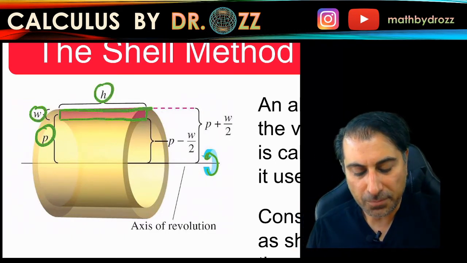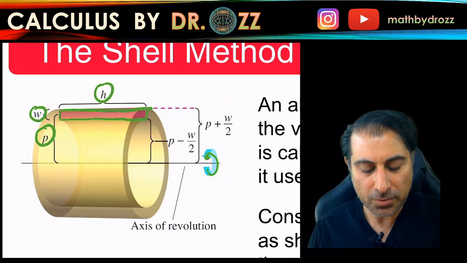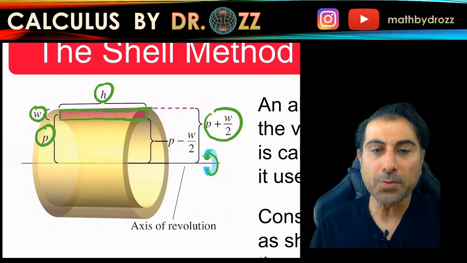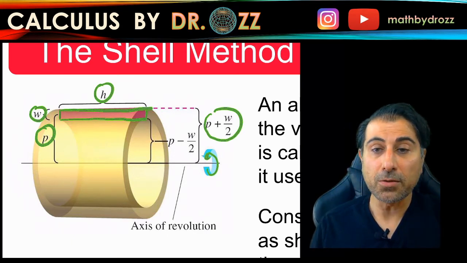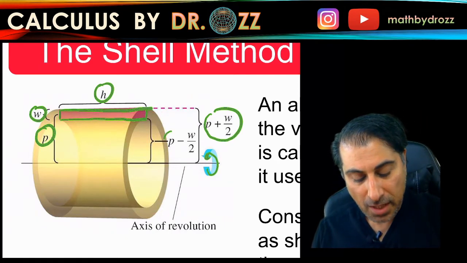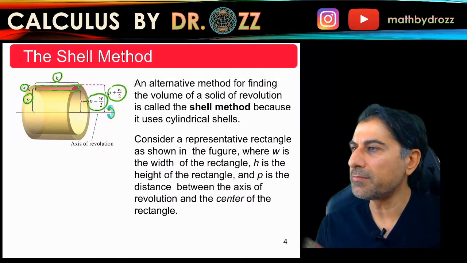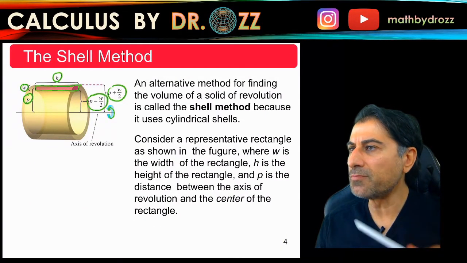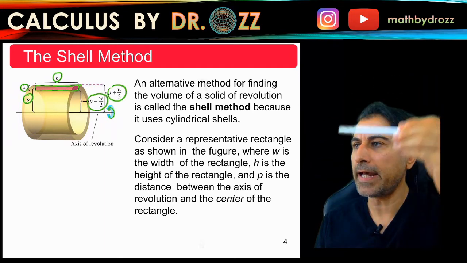So from the top part of the rectangle to the axis of revolution, we have the distance p plus w over 2. And from the bottom portion of the rectangle to the axis of revolution is p minus w over 2.